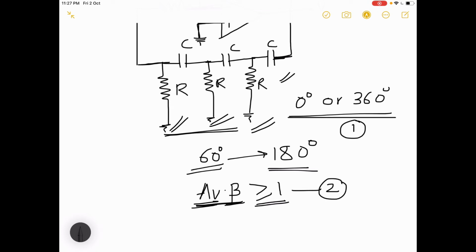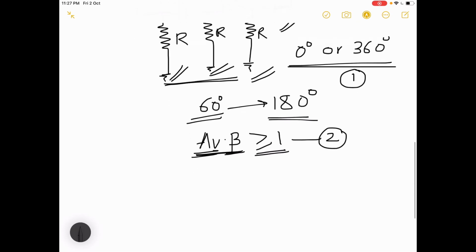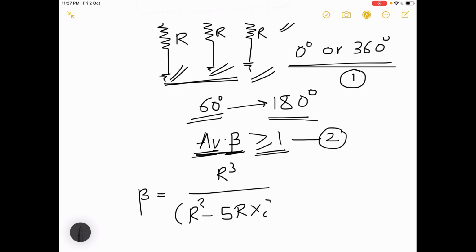Now, with considerable algebraic effort, the feedback ratio beta is given by, I am writing that formula directly: beta is equal to R cube upon R cube minus 5R Xc square plus j(Xc cube minus 6R square Xc).